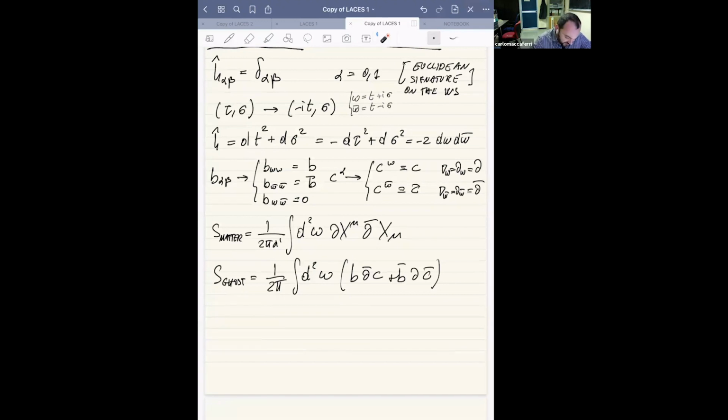And in fact, now you see that if you forget about everything, if you forget about this 2-dimensional gravity and so on and so forth, and you just look at this action here, this looks like the action of scalar fields in 2 dimensions. And this looks like a first-order system.